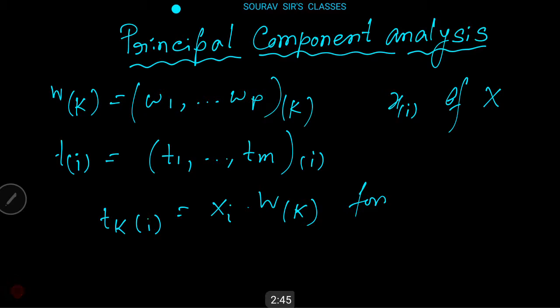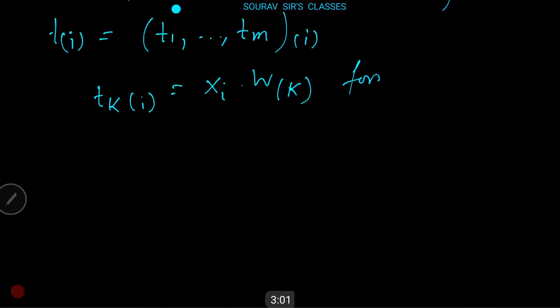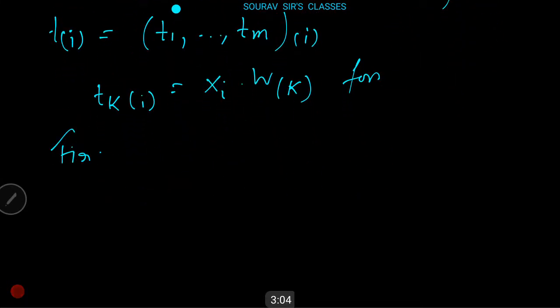In such a way, the individual variables of t considered over the data set successively inherit the maximum possible variance from x, with each loading vector w constrained to be a unit vector. Now we are discussing the first component.